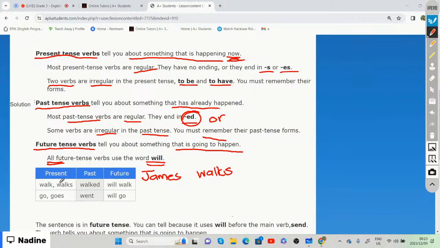It can be walk or walks, so James walks to the park. This is the present tense, so I'm going to put here present.